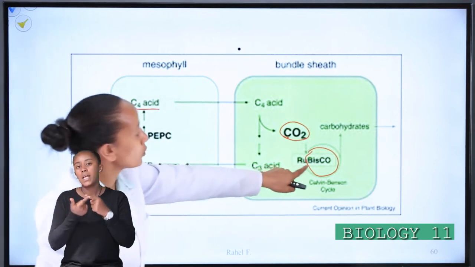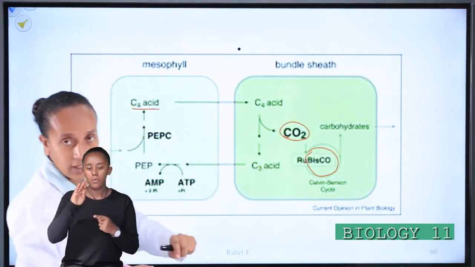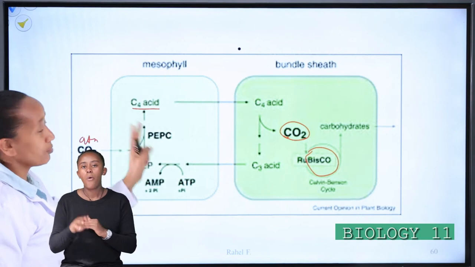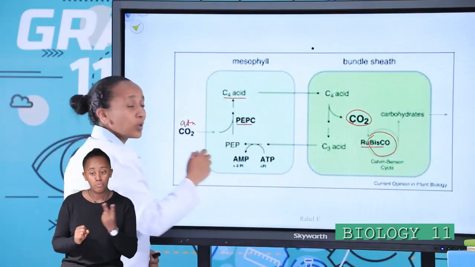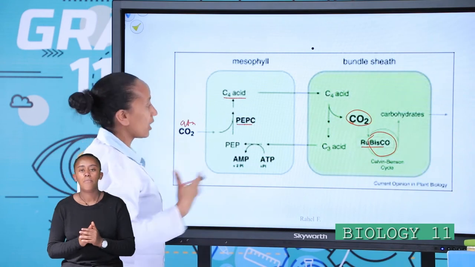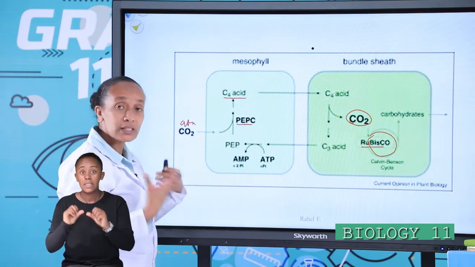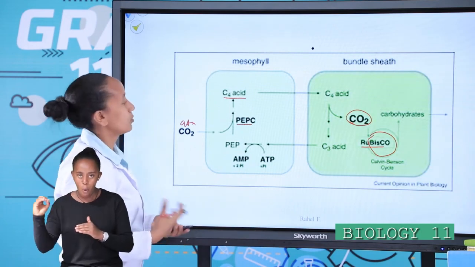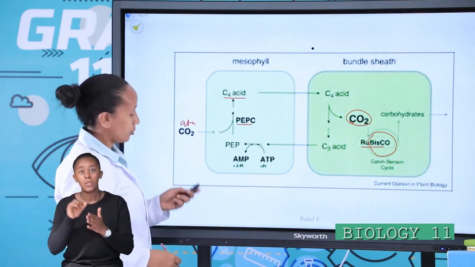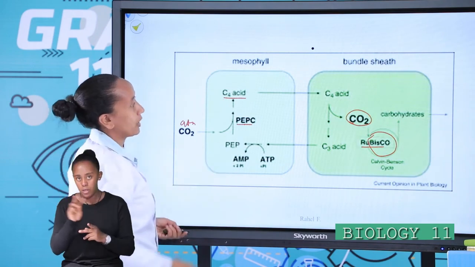Secondly, Rubisco is found in the bundle sheath cell, and PEPCO is found in the mesophyll cell. When we compare these two enzymes, PEPCO has more affinity for carbon dioxide than Rubisco. It can easily absorb carbon dioxide from the atmosphere, so the process occurs in two separate cells.